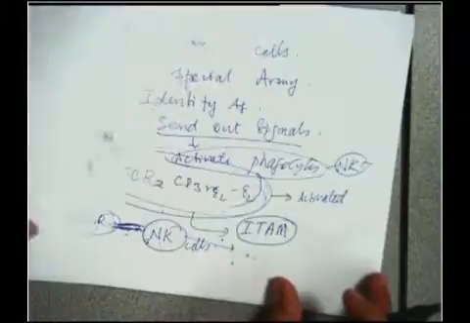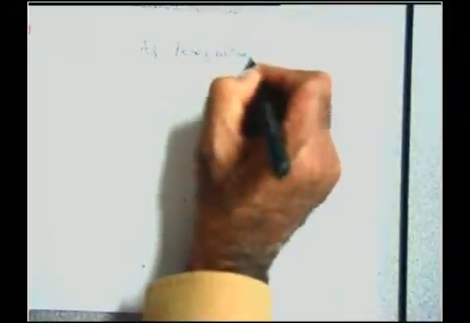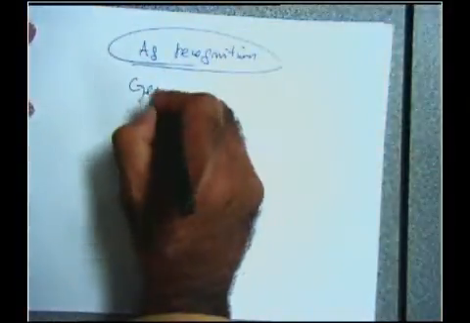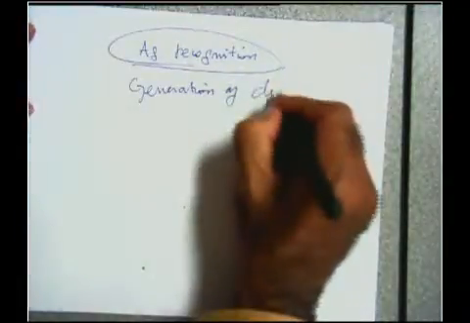So when you do the antigen recognition, how many antigens are there? There are plenty. So you need generation of diversity.